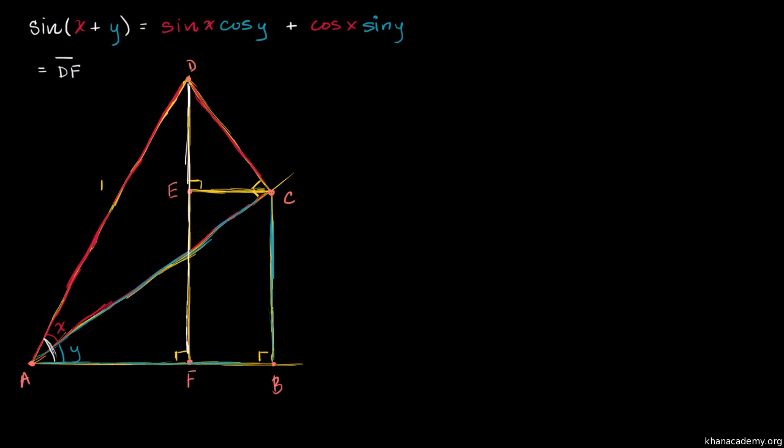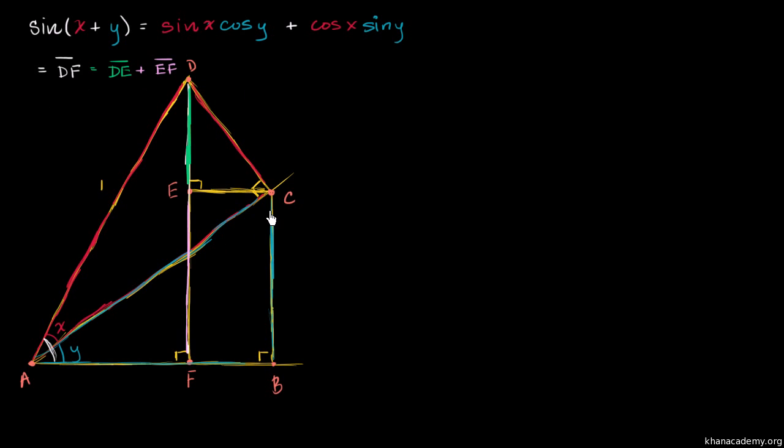And what I'm going to try to do is say, well, the length of segment DF is essentially what we're looking for, but we can decompose it into two segments: the length of segment DE and the length of segment EF. So DF, which is the same thing as sine of x plus y, is equal to the length of segment DE plus the length of segment EF.